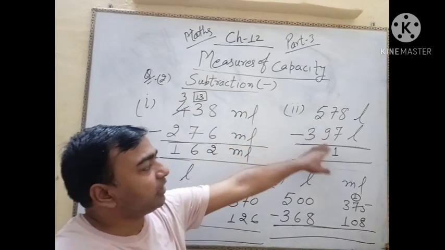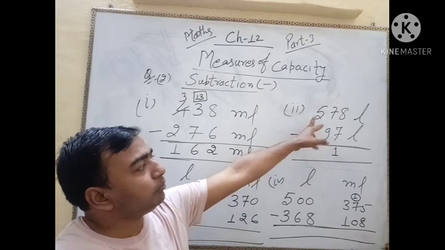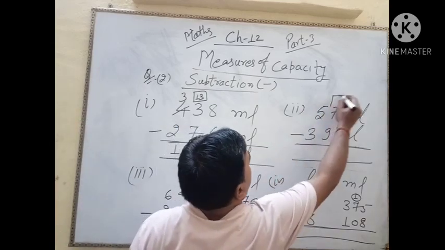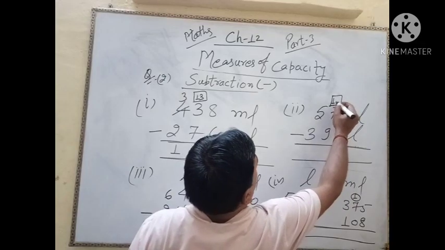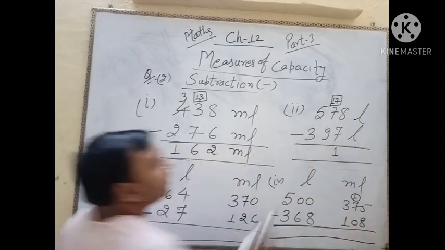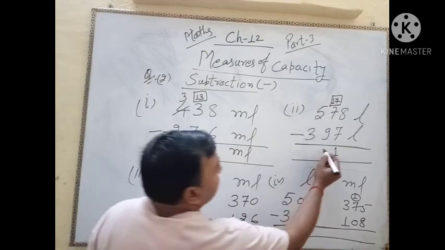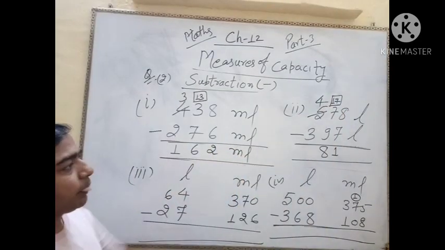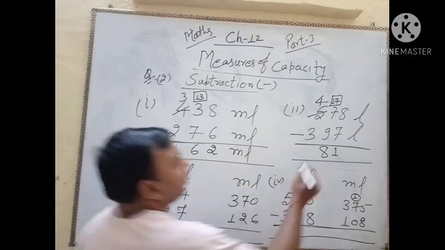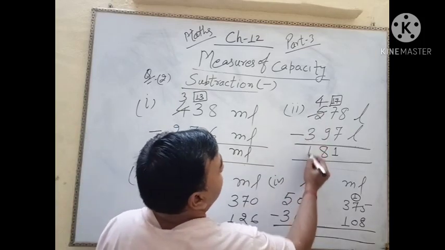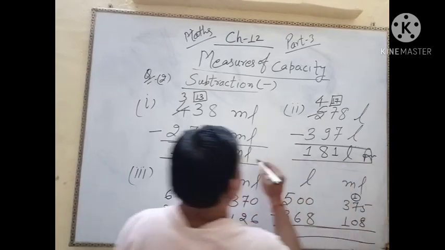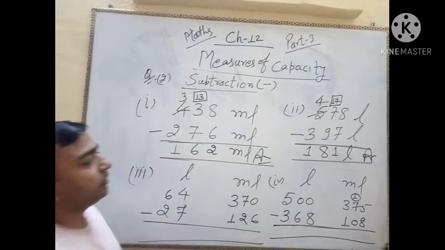To subtract this 9 from 7, we have to borrow from the 100 place number. After borrowing, this 7 changes into 17. 17 minus 9 equal to 8. Which number is left here? 4. 4 minus 3 equal to 1. What unit do you need? Liter. This is our answer.